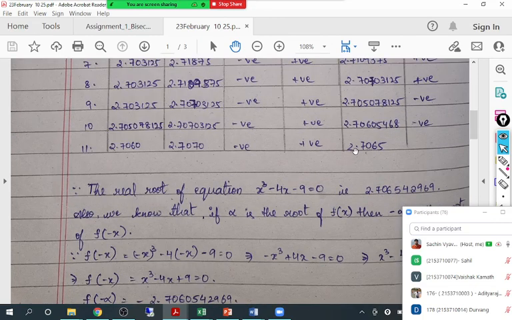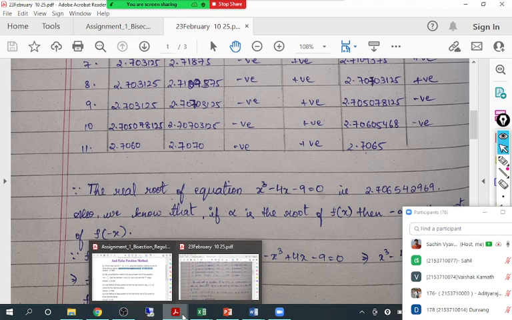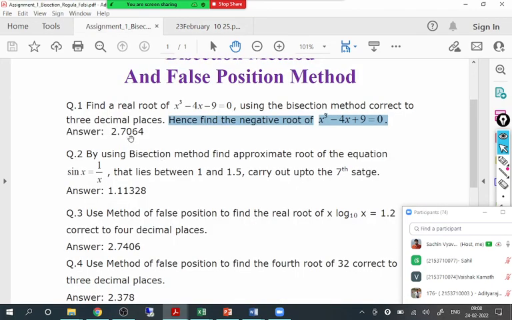After 11 iterations, it is observed that the first 3 decimals start repeating. So 2.706, and you will observe, yes, that's a correct answer. It is correct to 3 decimal places, and 2.706 is the only answer he received.